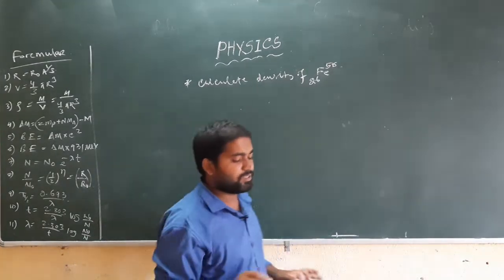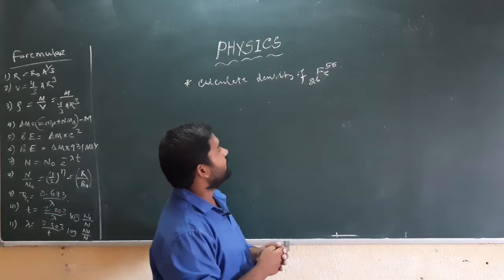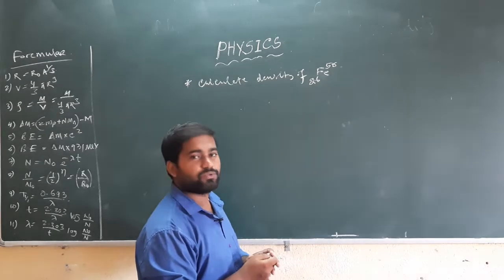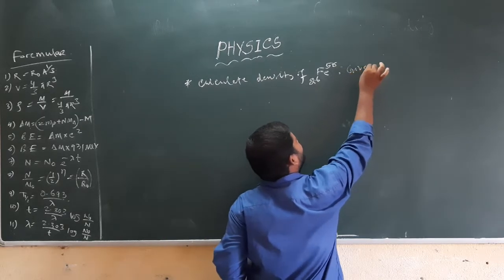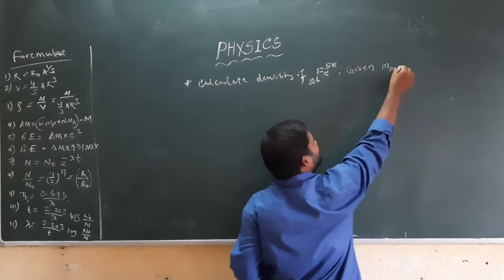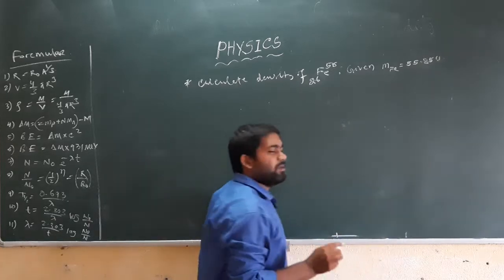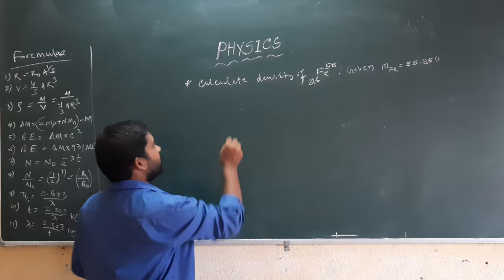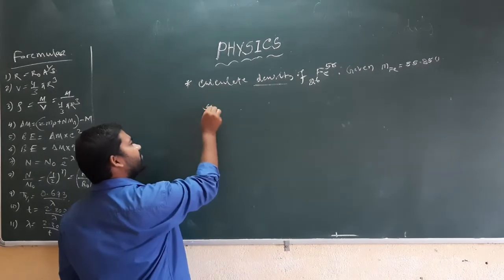When we calculate density, it is important that the mass of the iron nucleus be given, and here the mass of iron is given as 55.85 atomic mass unit. So this is the given data, and we have to find the density of the nucleus.